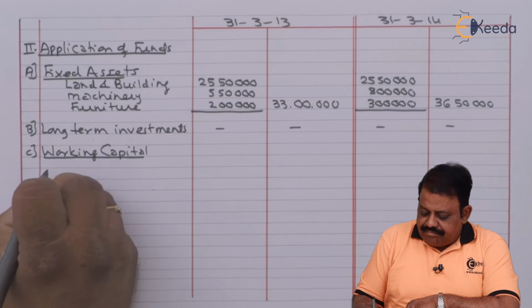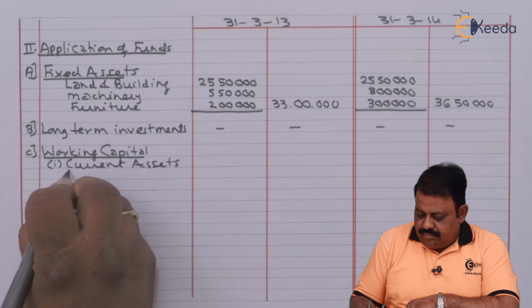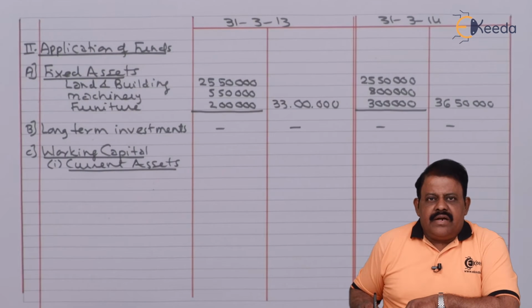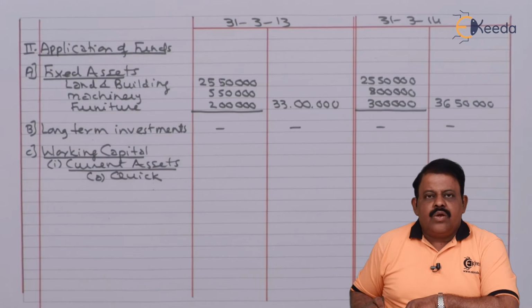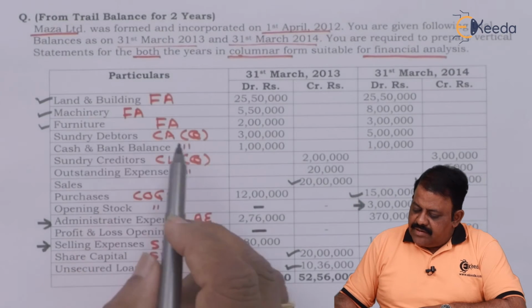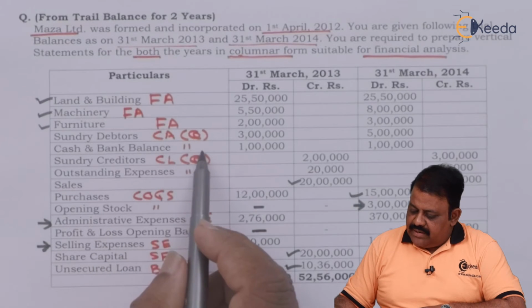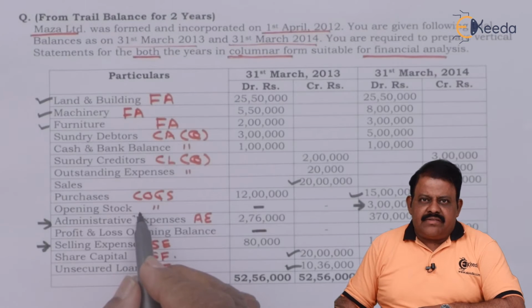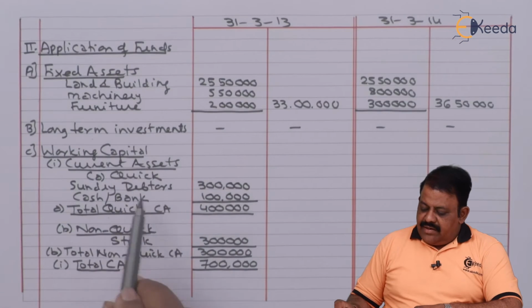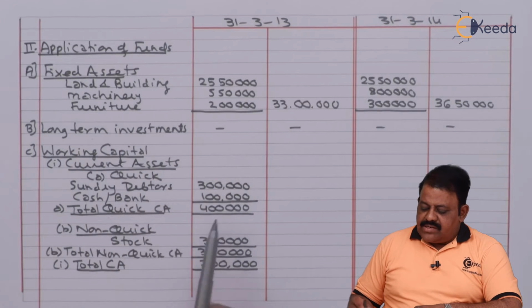Working capital. Current assets. Quick current assets: sundry debtors, quick current asset; cash bank balance, quick current asset. And we have stock as non-quick current asset. First year: sundry debtors 3 lakhs, cash bank balance 1 lakh, total quick asset 4 lakhs.